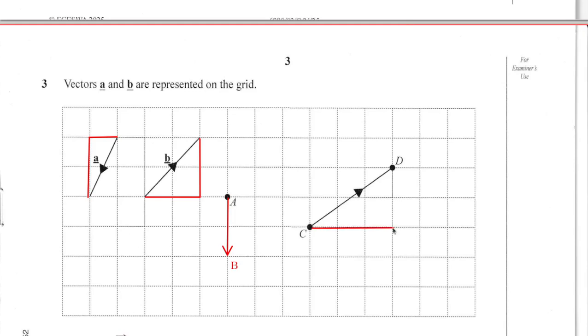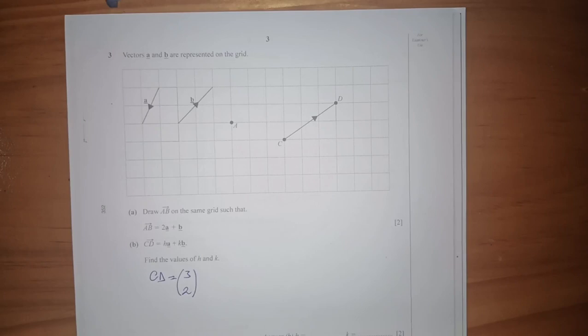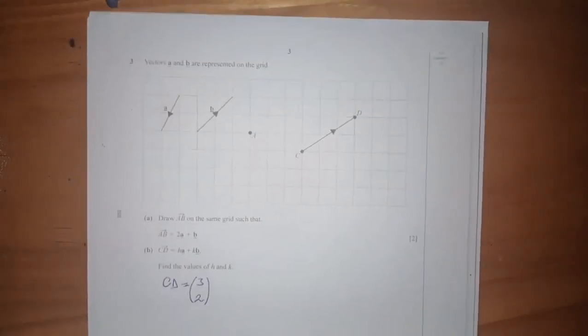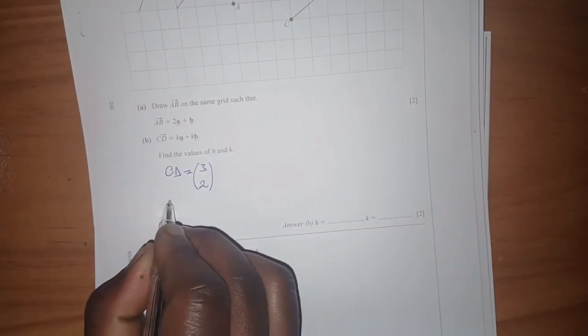So your vector CD is 3 units horizontally, and then going up, how many units going up? It's 1, 2 units. Positive, positive. Now try to deal with this one. All right, so we have CD being 3, 2.